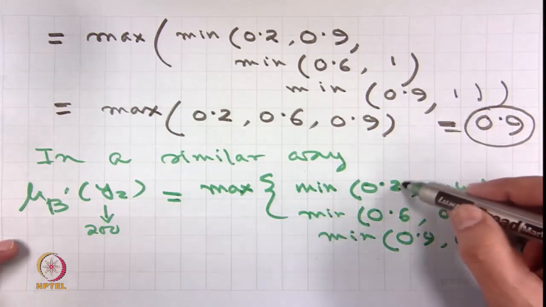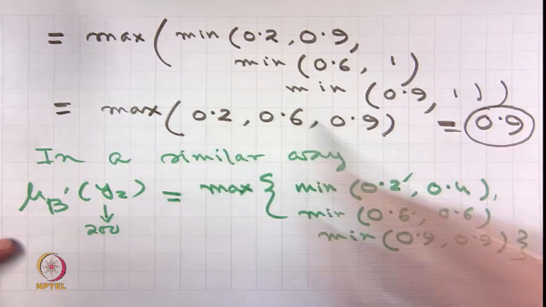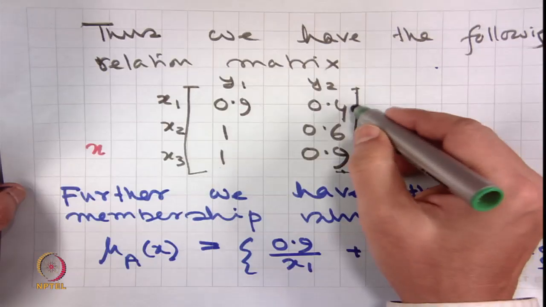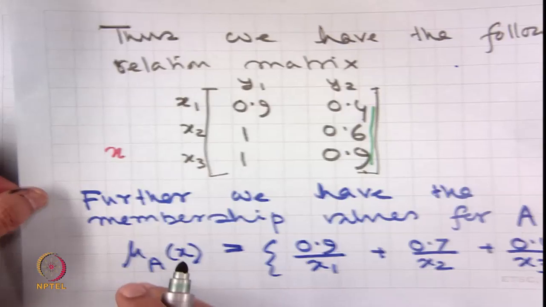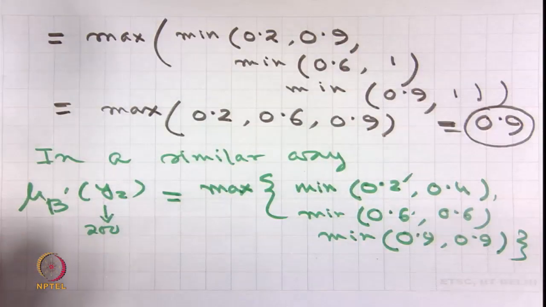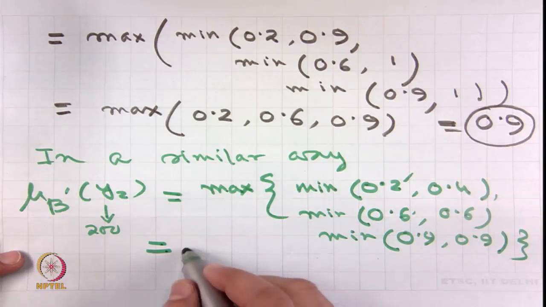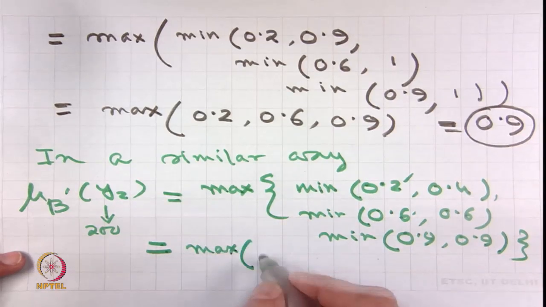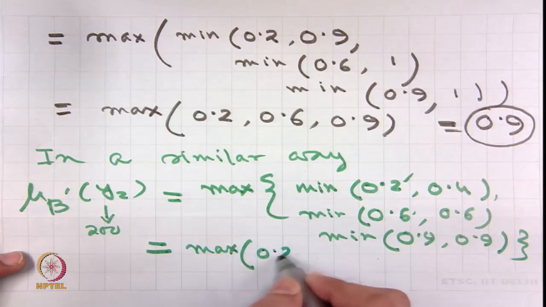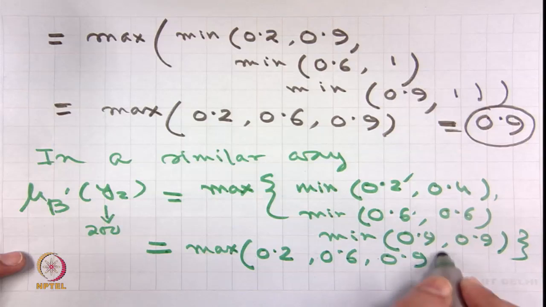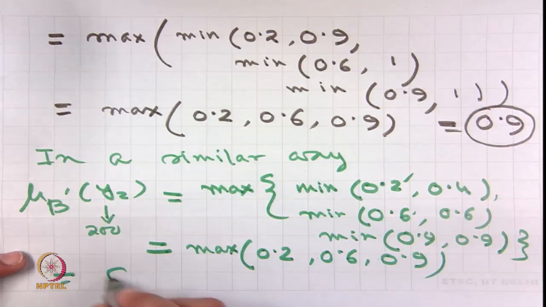So, the first one is coming from this set and the second one is coming from this matrix R. So, this is equal to maximum of 0.2, 0.6 and 0.9 is equal to 0.9.